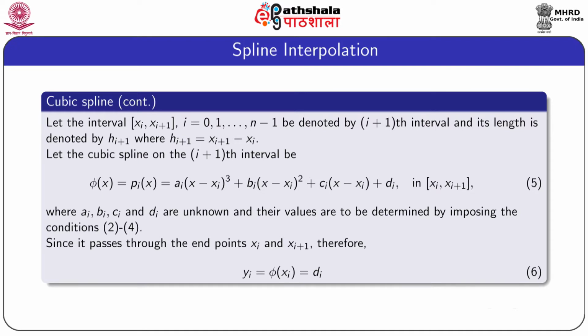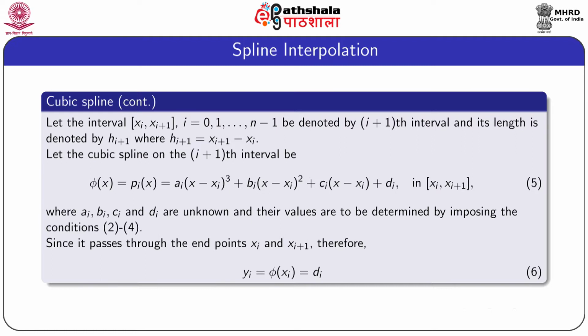Again, we see that the polynomial p_i(x) passes through the points x_i and x_i+1. Therefore, when x equals x_i, phi(x_i), which equals y_i, equals d_i, and all other terms are 0. This is obtained from equation 5 by substituting x equal to x_i.